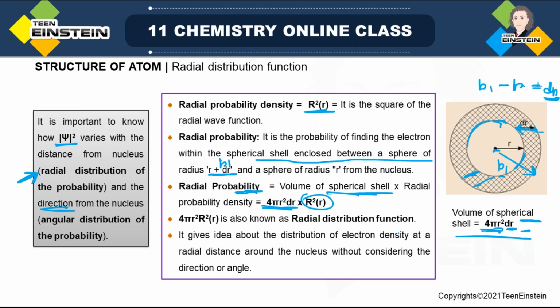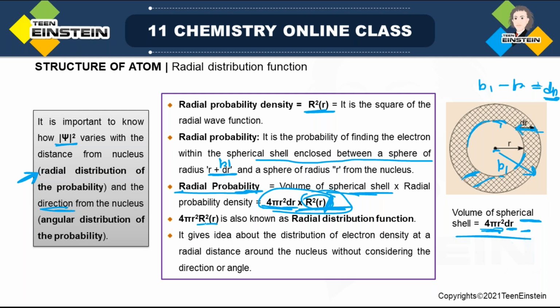And if you want to get density, you have to divide this total term by 4 pi r square dr. When you divide by 4 pi r square dr, you are left with only this term, which is radial probability density. So radial probability divided by the volume of the spherical shell is radial probability density.